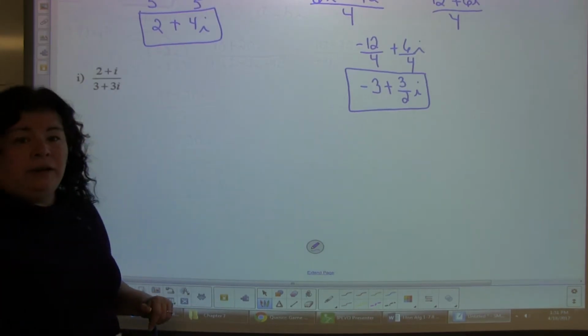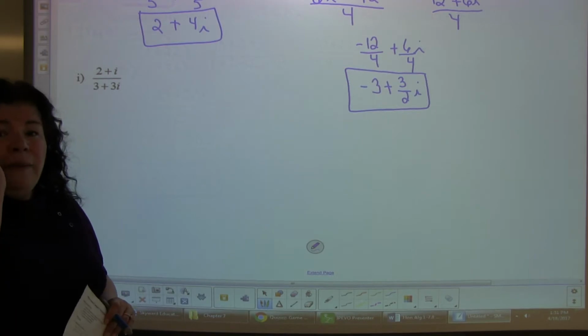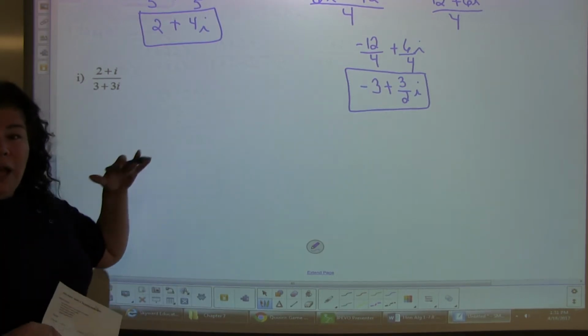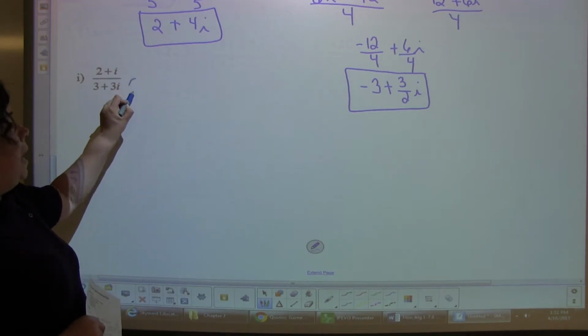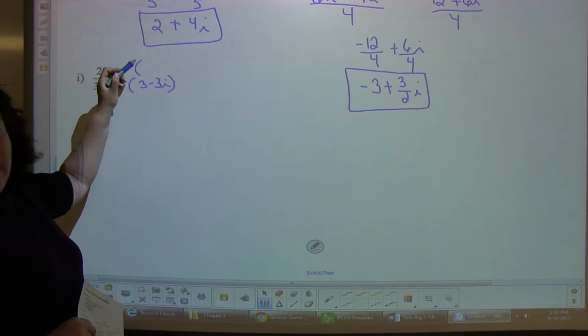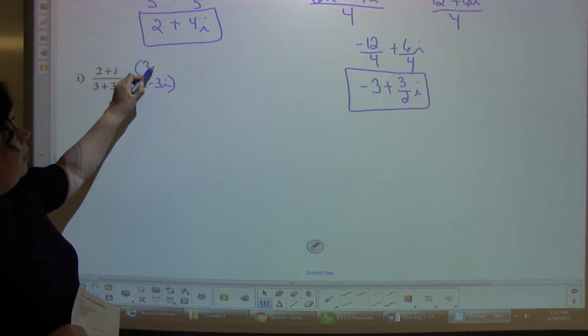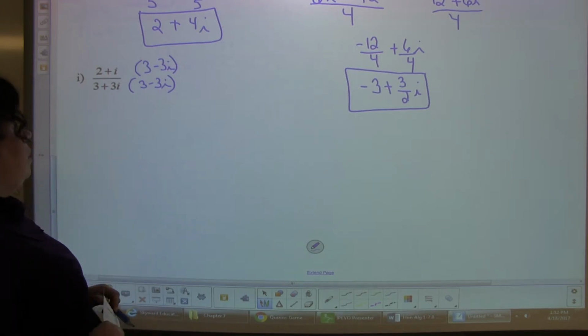Our last and final example is 2 plus i divided by 3 plus 3i. So the conjugate of 3 plus 3i is 3 minus 3i. So we are going to go ahead and multiply numerator and denominator by the conjugate, 3 minus 3i.